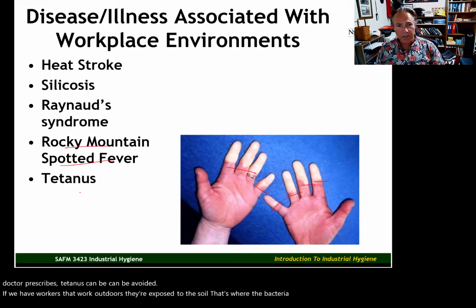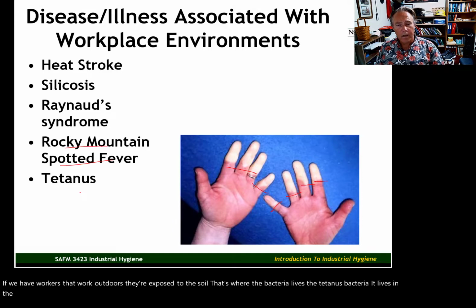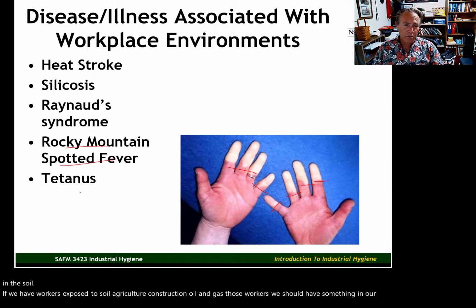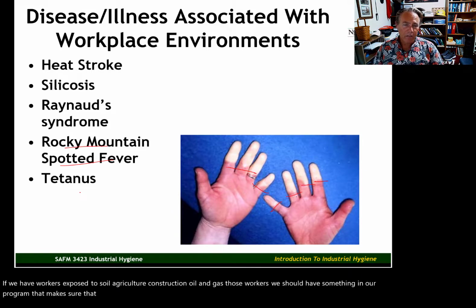It lives in the soil. If we have workers exposed to soil, in agriculture, construction, oil and gas, we should have something in our program that makes sure that workers have their vaccinations and are protected, inoculated against tetanus.